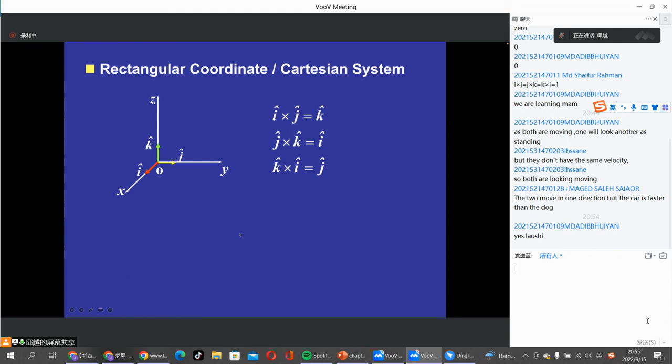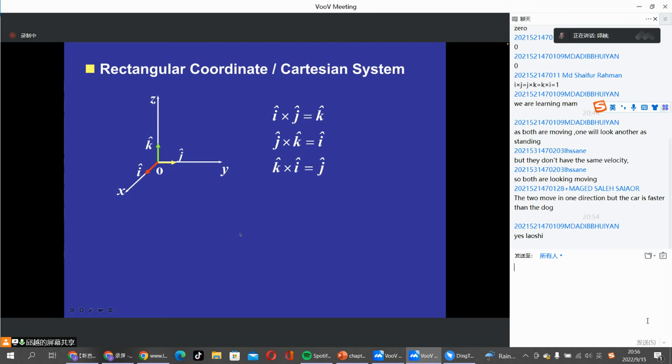First, we put up our right hand. We put our four fingers towards the first unit vector i, and then towards the second unit vector j, and then our thumb is in the same direction with the vector k. So this is right.